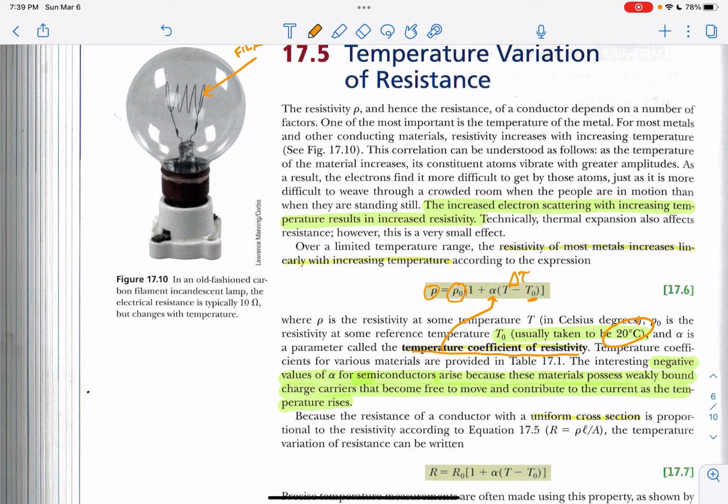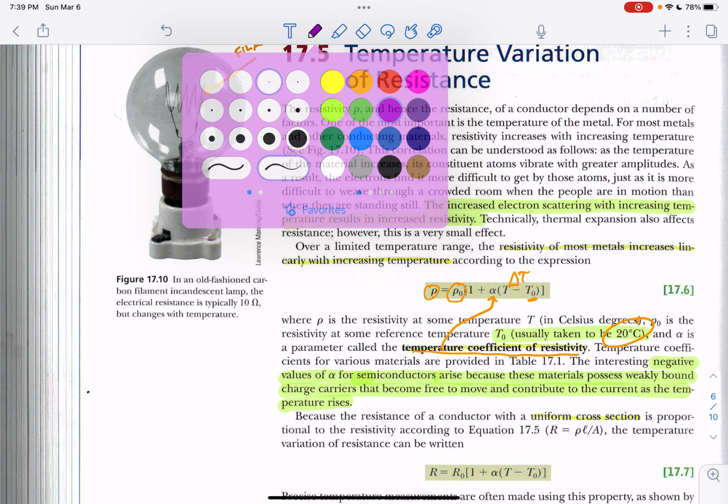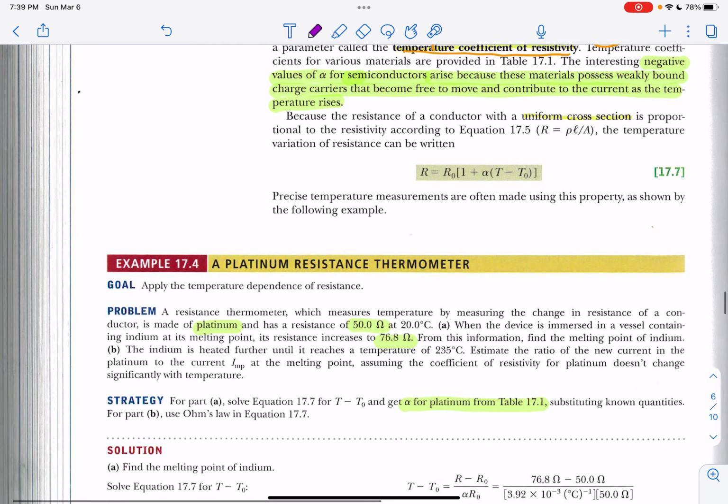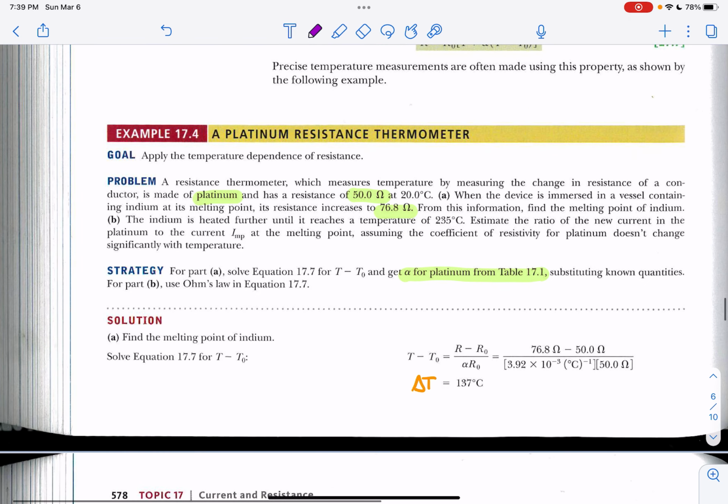So basically what I'm saying here then is that this term right here is the adjustment we make to the theoretical ideal resistivity to find the actual resistivity as a result of whatever this temperature has to be that is different from 20 degrees Celsius. And then you have a math problem that's not too difficult to do using this information.